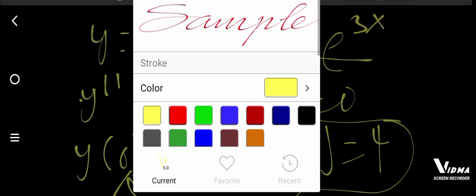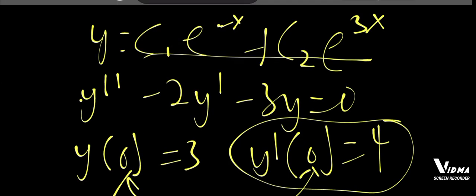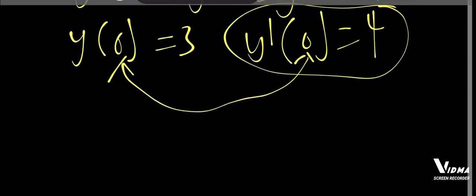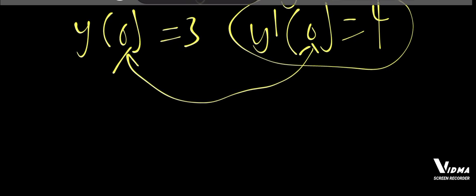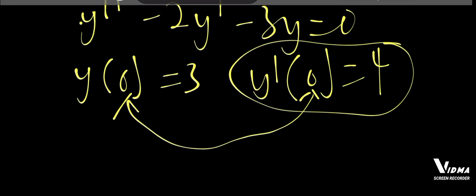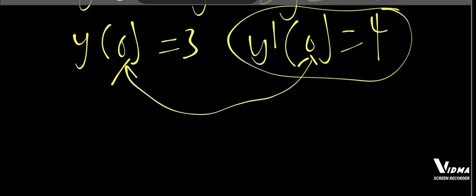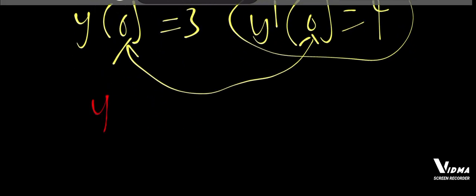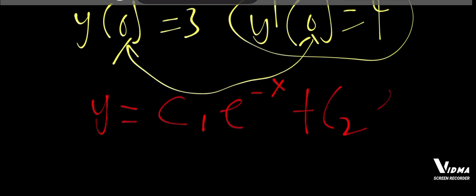So the first step, we have y is equal to c1e^(-x) plus c2e^(3x).